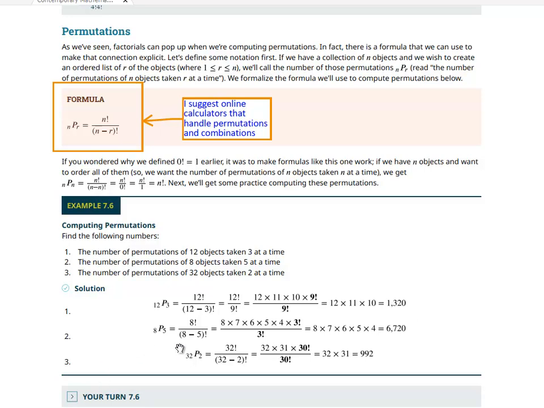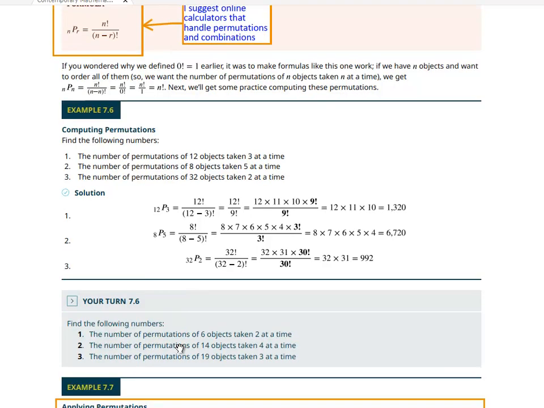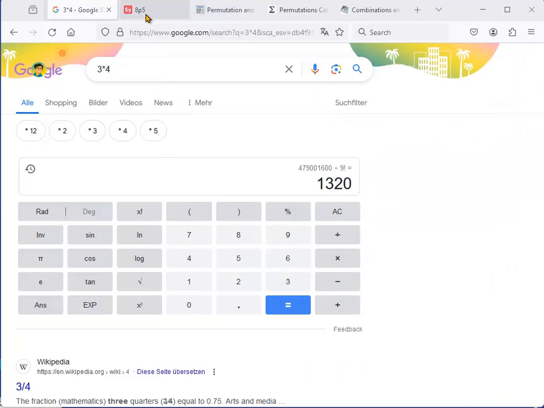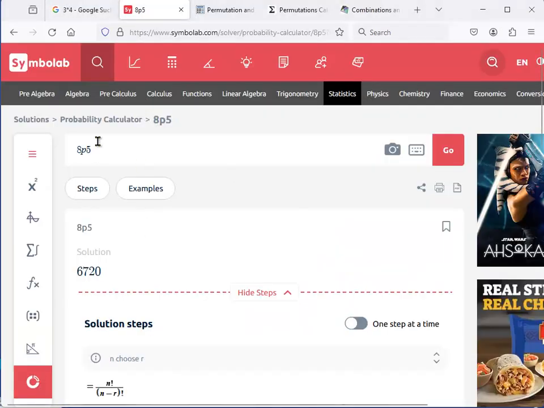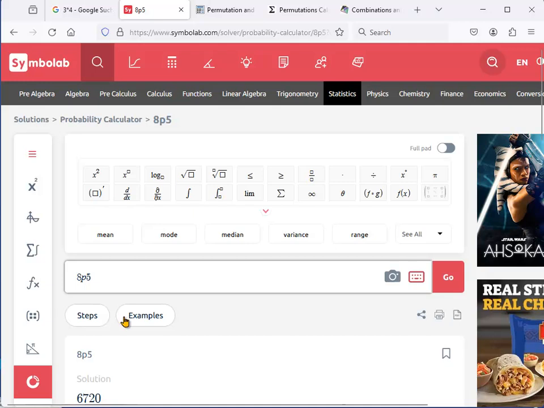I'm going to show you a few permutation calculators for some of these problems. So 5 objects taken out of 8, 2 out of 32, and you see here the results, and keep them in mind, respectively. You have access to the textbook anyway. So here's one. This is Symbolab, and I did actually have 8P5.